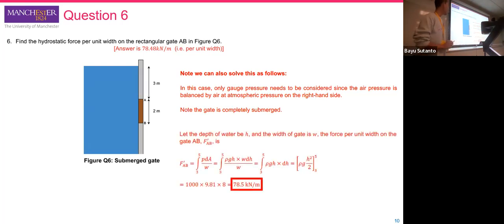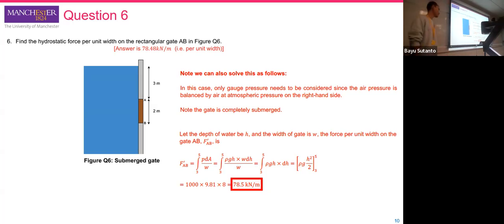And continue with the equation, which is force per unit width. So this is F per W, because we again have rho g h and dA equal to W dh, and the force is per unit width, so we can cancel the widths and get this formula where density and gravity are constant, 2h.